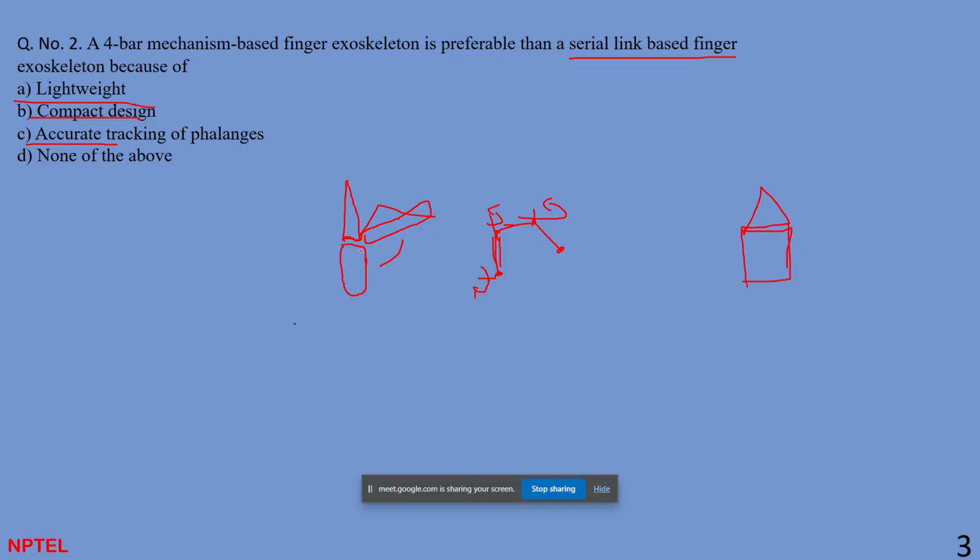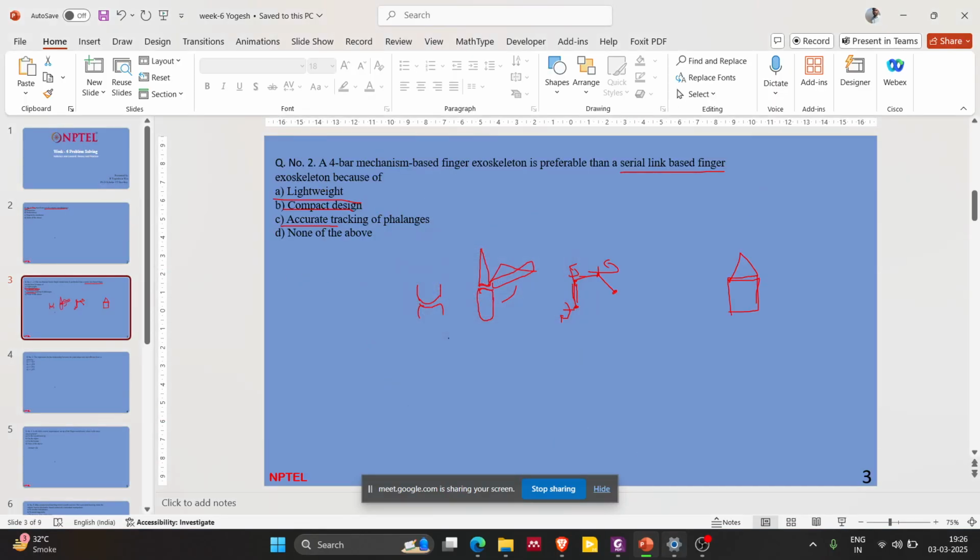Your joint has something like an ellipsoid shape. There is a depression here and a bulgy part, and it forms an ellipsoid joint, right? So please do remember this.